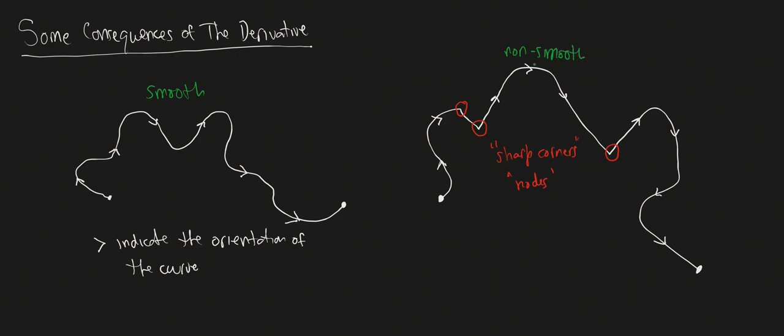Now, when we're talking about smoothness of a curve, we're not going to apply the definition to the endpoints of the interval, if there are endpoints, because it could be a situation where the vector function is defined for all values of t. So you could have an infinite curve, and in that case there would be no endpoints to worry about.